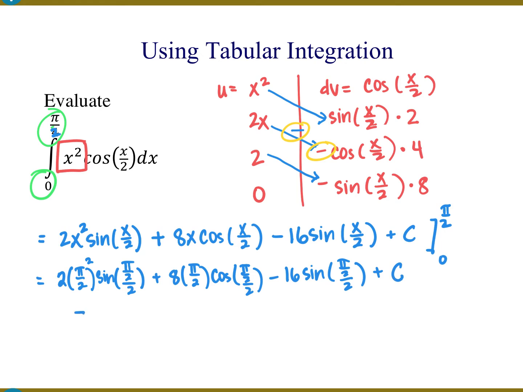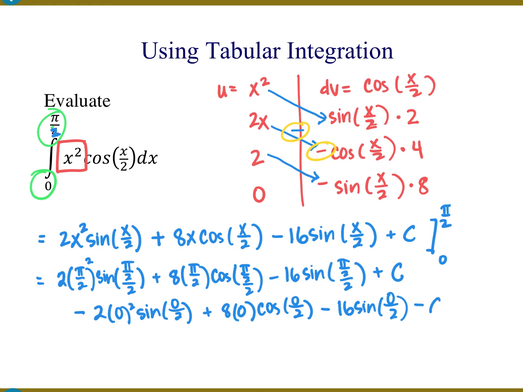And then we'll plug in all the zeros. So 2 times 0 squared times the sine of 0 over 2 plus 8 times 0 times the cosine of 0 over 2 minus 16 times the sine of 0 over 2 and minus c. Okay, our plus c and our minus c can reduce out here. We've got all the zeros.